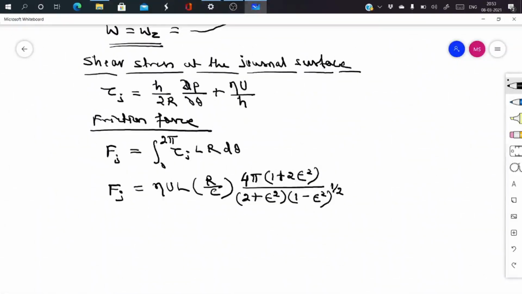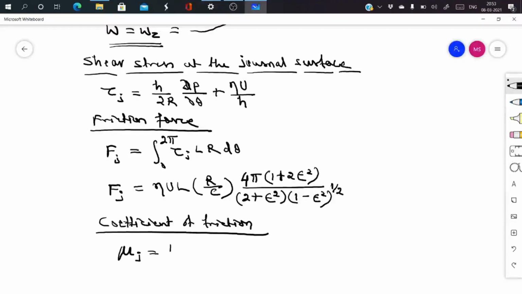Now the coefficient of friction, mu j, equal to Fj divided by W, equal to c by r, 1 plus 2 epsilon square divided by 3 epsilon.